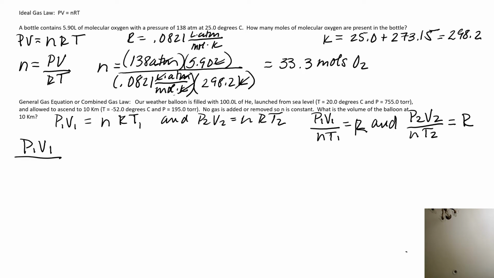And here, in this case, n is constant, so I'm going to drop that out of my equation. Okay, so this is the combined gas law. We could include n, but as I just said, n is constant, so we can cancel that out.